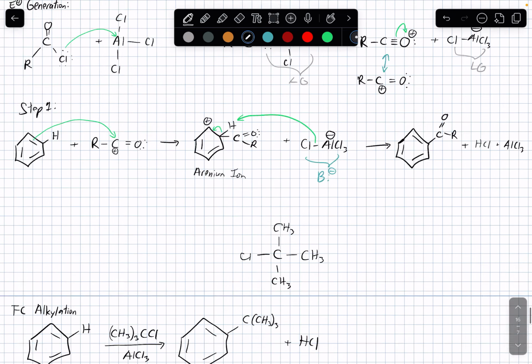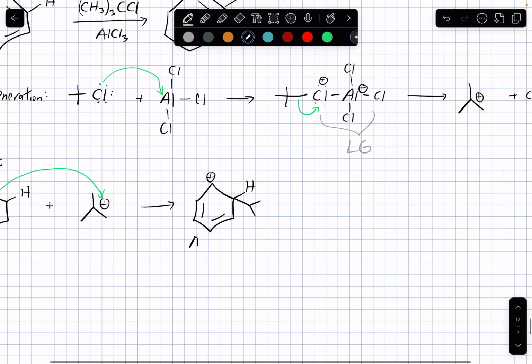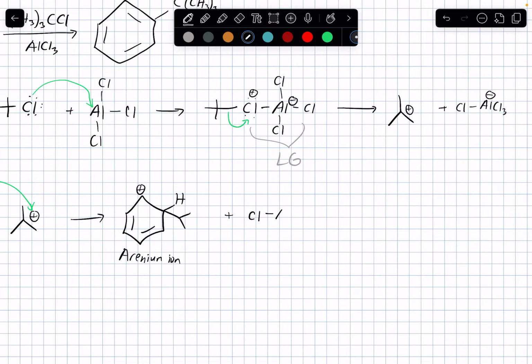Don't forget the plus. Did I forget that earlier? Nope. Okay, so this is our arenium ion. We now apply the base, which is ClAlCl3 minus. Attack the hydrogen. This one goes here. So we have HCl plus AlCl3.